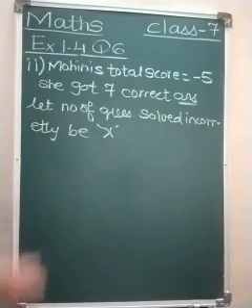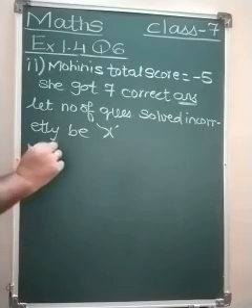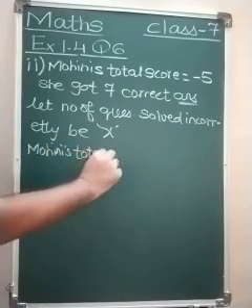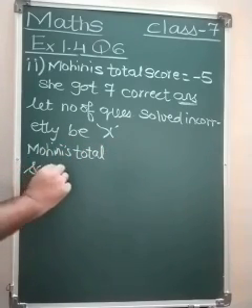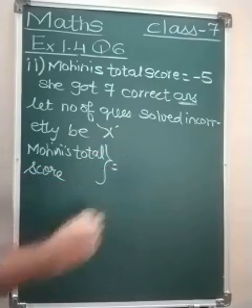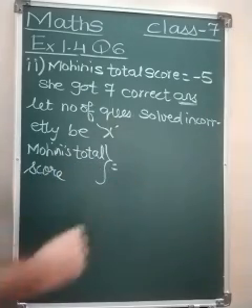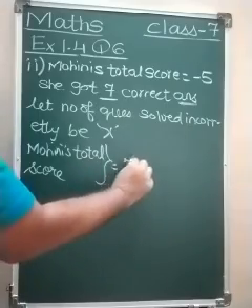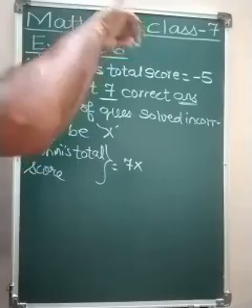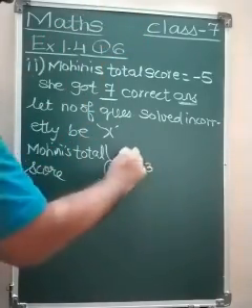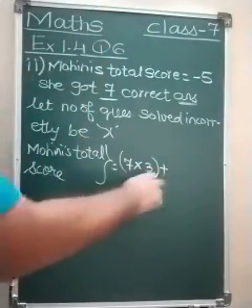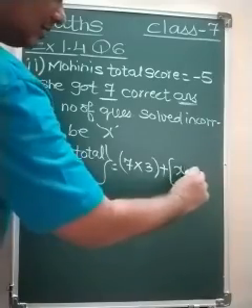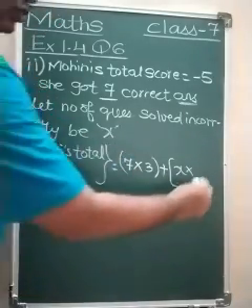So again, Mohini's total score equals number of questions solved correctly, 7, multiplied by marks, which we already wrote as 3, plus number of questions solved incorrectly, x, multiplied by minus 2.